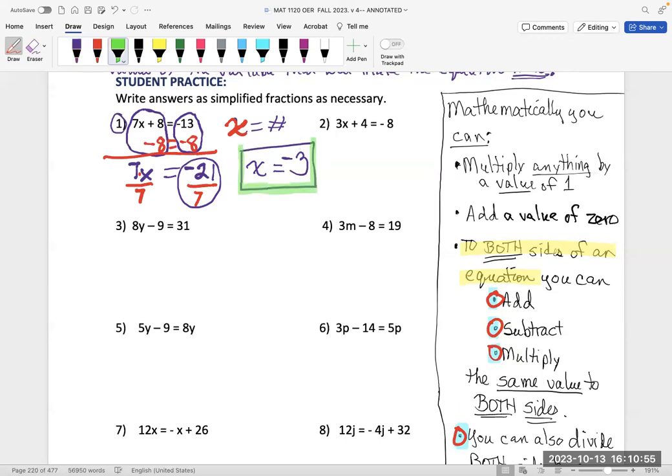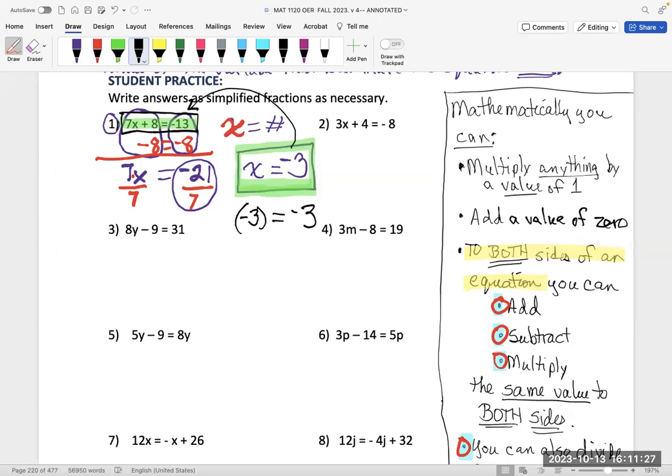So whenever this equation, x equals negative 3, is true, the original equation, 7x plus 8 equals negative 13, is true. So the only solution to the original equation is when x equals negative 3.